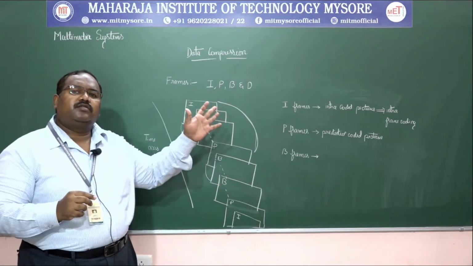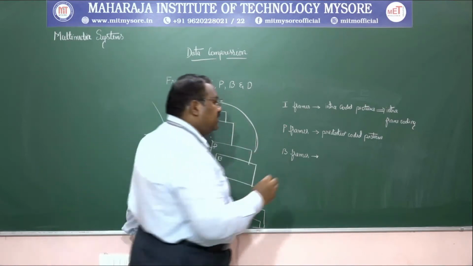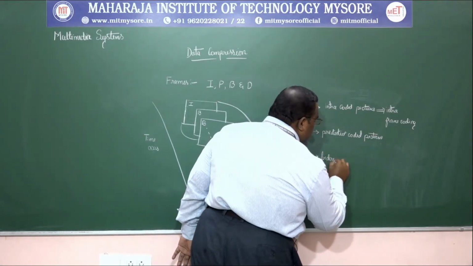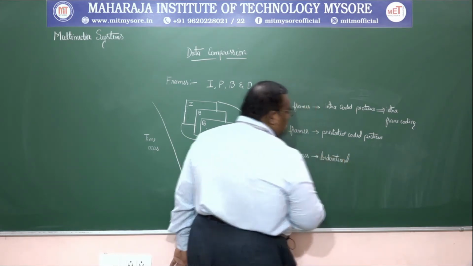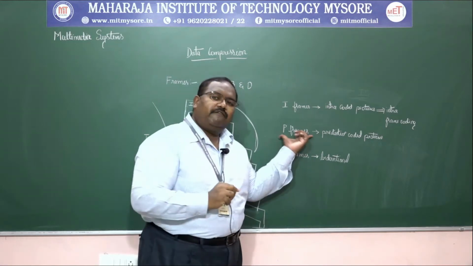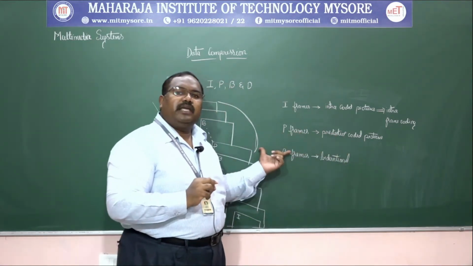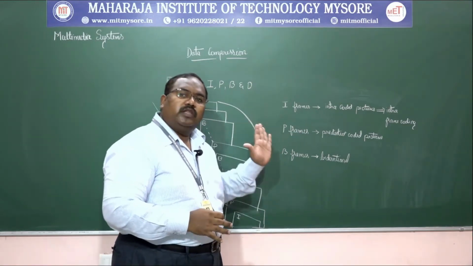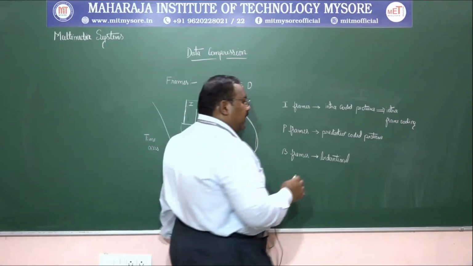Here it is directly associated with bidirectional predictive coded pictures. So you look at this, B-frames are just predictive coded pictures, whereas B stands for bidirectional, meaning both directions, with respect to the previous and also with respect to the future.